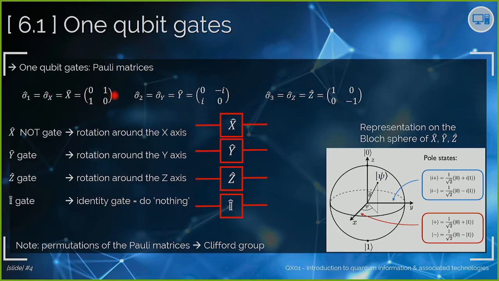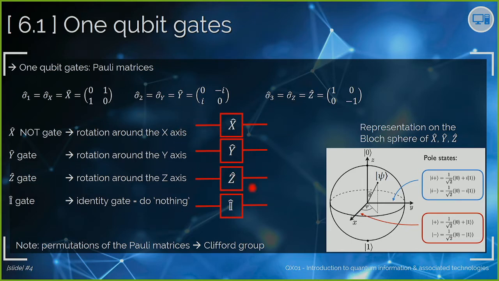But now we've seen since that we can call them X, Y, and Z, because it makes sense in terms of representation onto the Bloch sphere, in terms of rotation along the X-axis, along the Y-axis, or along the Z-axis. And so basically, in terms of gates, we like to use the notation X, Y, and Z. And we represent these gates like this, and we'll see how we put them into our circuit.